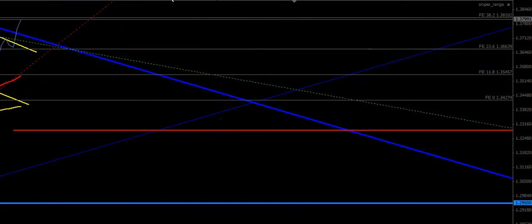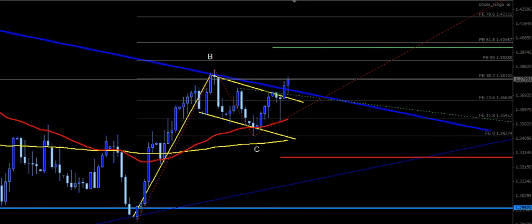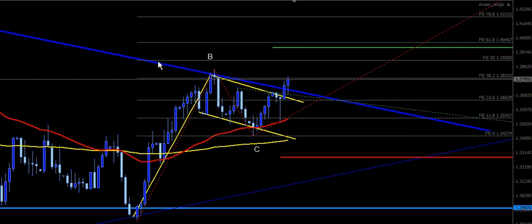Now I'm going to go back to the candle formation here, the candle chart. Alright, so we have the ABC to the upside, final target on this daily chart being 44.29. We have a close above the trend line. We have a close above the bull flag upper trend line here.